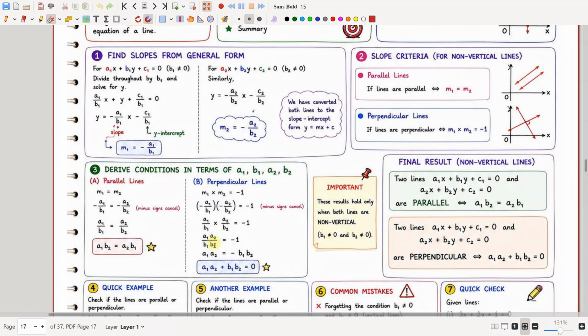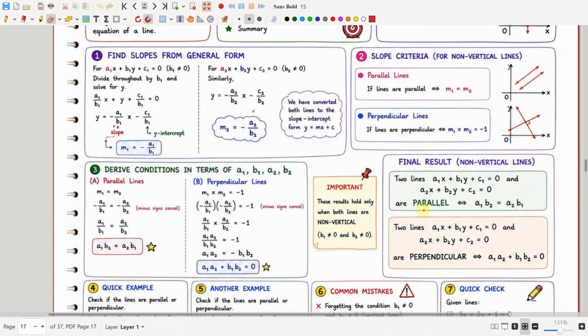So a1 a2 divided by b1 b2 is equal to minus 1, which implies a1 a2 is equal to minus b1 b2, which implies a1 a2 plus b1 b2 is equal to 0. For two lines in general form to be perpendicular, they should satisfy a1 a2 plus b1 b2 is equal to 0.